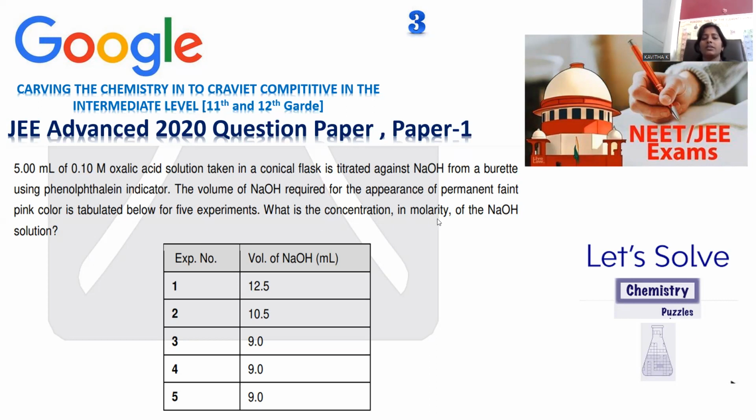Here also the concentration of NaOH is to be determined by taking the values. Moreover, it is a clear indication that in all these experiments, though you're adding NaOH, its value is not changed. That indicates it is the required NaOH consumed for the neutralization of oxalic acid. So this is very clear. The amount of sodium hydroxide consumed for the oxalic acid neutralization will be 9 ml, right?